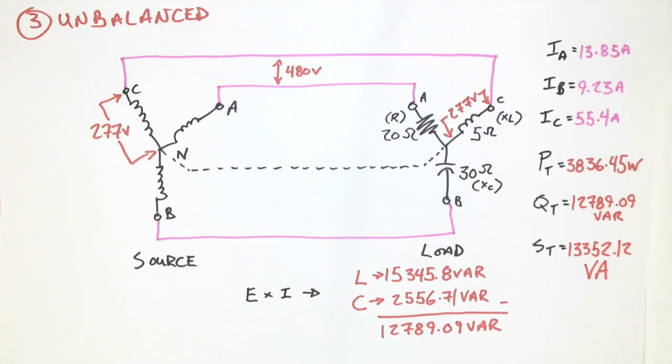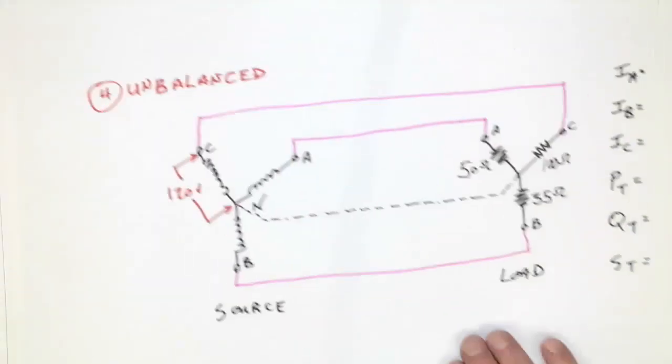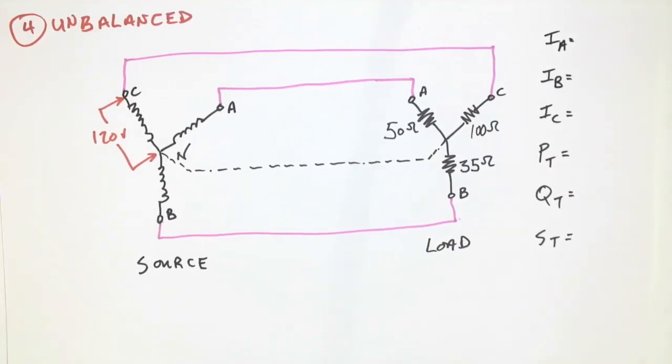Let's do another one, and we'll go a little bit quicker on this next example. Again, we have an unbalanced system. So I'm just going to start working through it, and I'm not going to describe every single step.